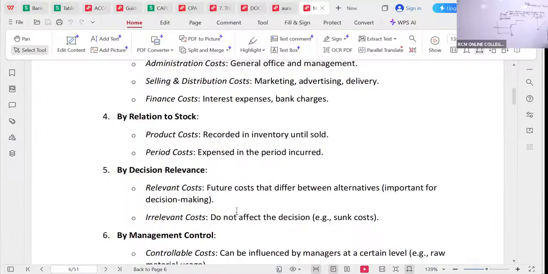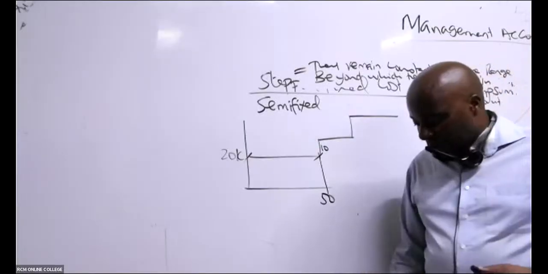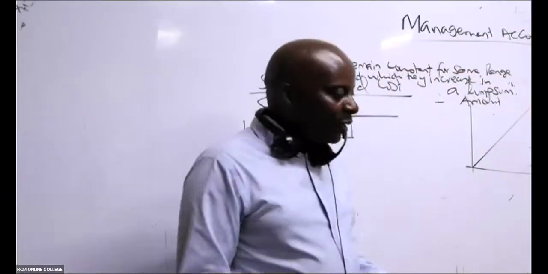So relevant costs are costs that are futuristic in nature: future costs that differ between alternatives, important for decision making. And then irrelevant costs, which are also known as sunk costs. In this case, they don't affect what here? Decisions.